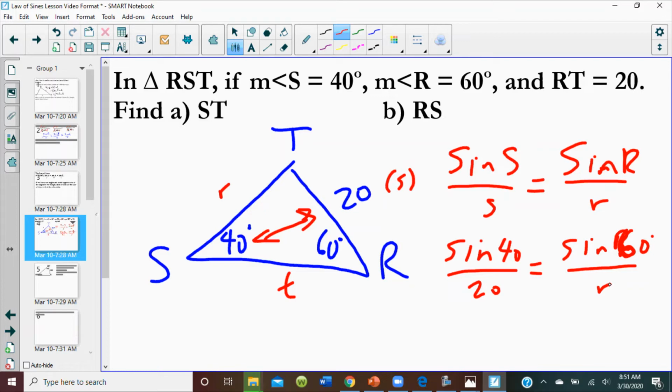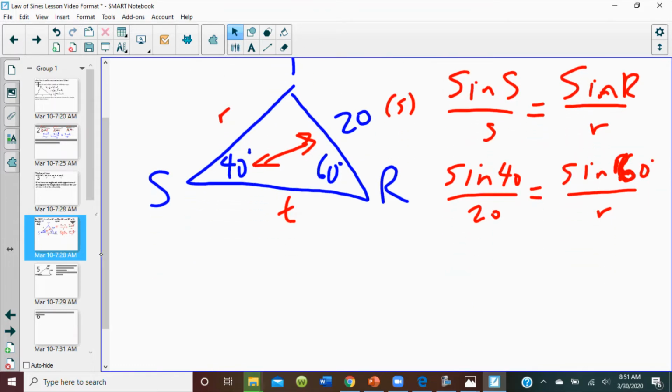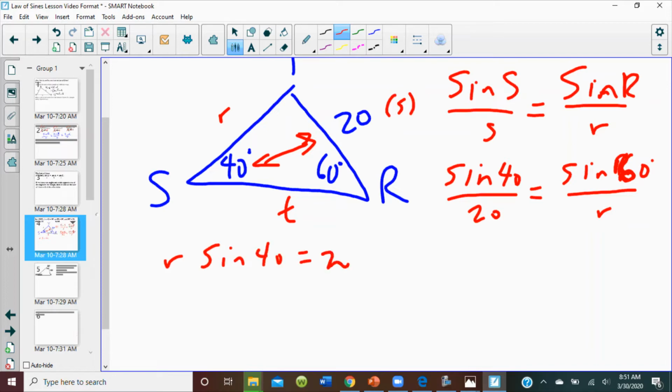And like we normally do, we're going to cross multiply. So we cross multiply, and we get r times sine of 40 is equal to 20 times sine of 60.